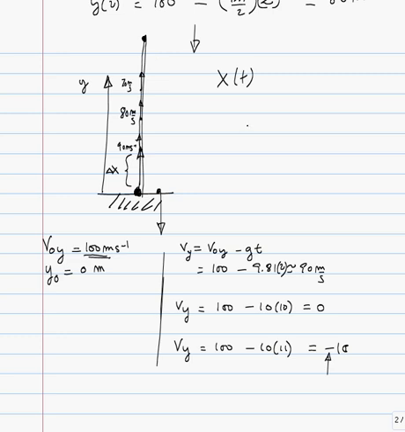What about the acceleration? We know that the velocity decreases as the object goes up. So as the object goes up, the magnitude of the velocity decreases. And the direction of the velocity is up.